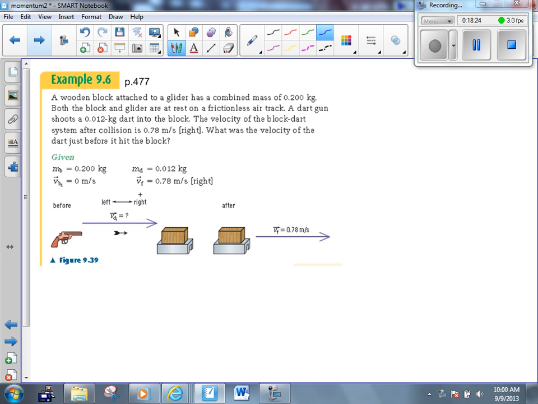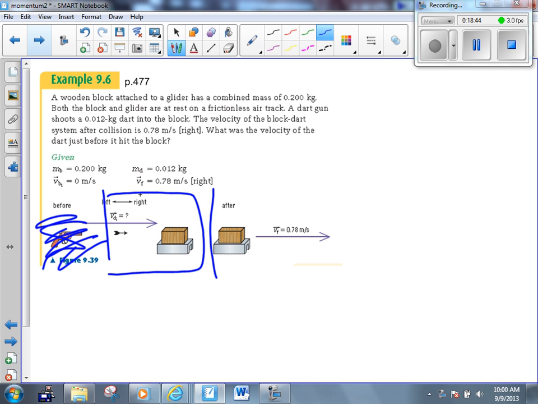Okay, so this is completely irrelevant over here. What we care about is the collision right here of the dart with the block. The collision takes place, and then the dart embeds itself in the block. It becomes one. So this is going to be initial, and this is going to be final.